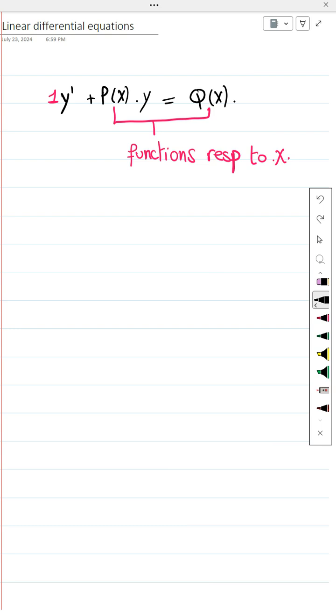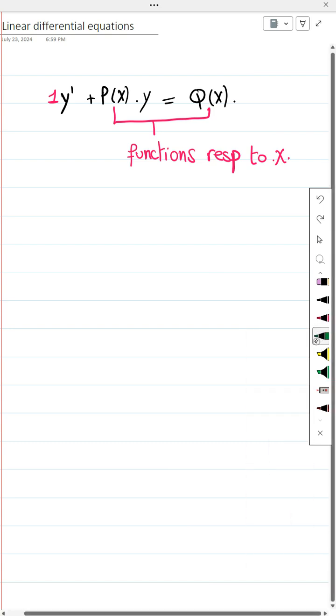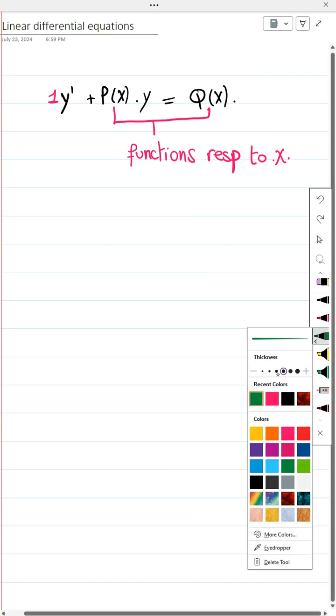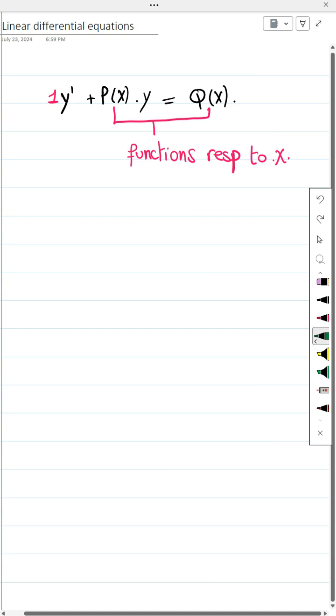So let's see the general solution of this differential equation. The first thing that we need to do is to calculate a quantity, let's call it u. It's going to be equal to the exponential of the integral of p(x) dx.